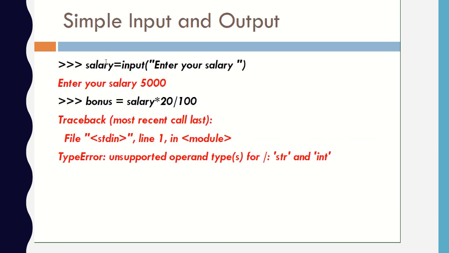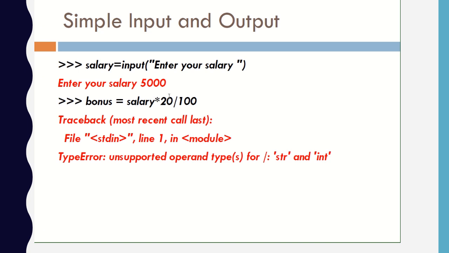Now see what happens: salary equals input, enter your salary. "Enter your salary" will be displayed and I am entering 5000. Since this is a string, 5000 will also be treated as a string. In the second command I write bonus equal to salary into 20 by 100.